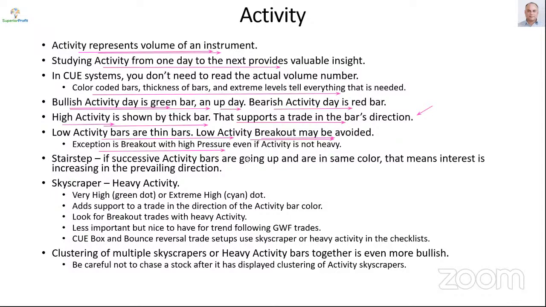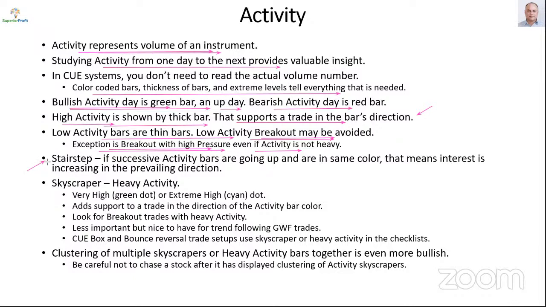If pressure is there, then even if activity is not heavy, it is okay to take a breakout trade. That's the value of pressure. Pressure combines price move and volume together. In general, though, low activity breakouts we avoid, except if we have bullish pressure.